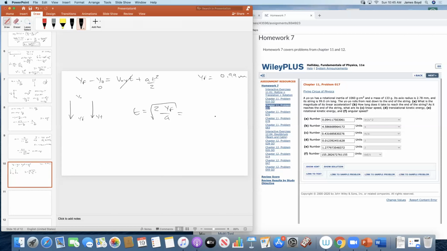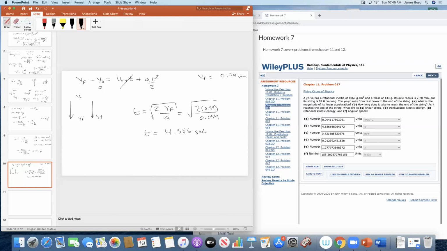And this gives me 2 times 0.99 divided by 0.094. I get 21, take the square root of 21.06, let's say. I get 4.586. Well, I get a little bit bigger number than they got from rounding issues. So I'll just use their time, 4.586 seconds. That's how long it took to fall.